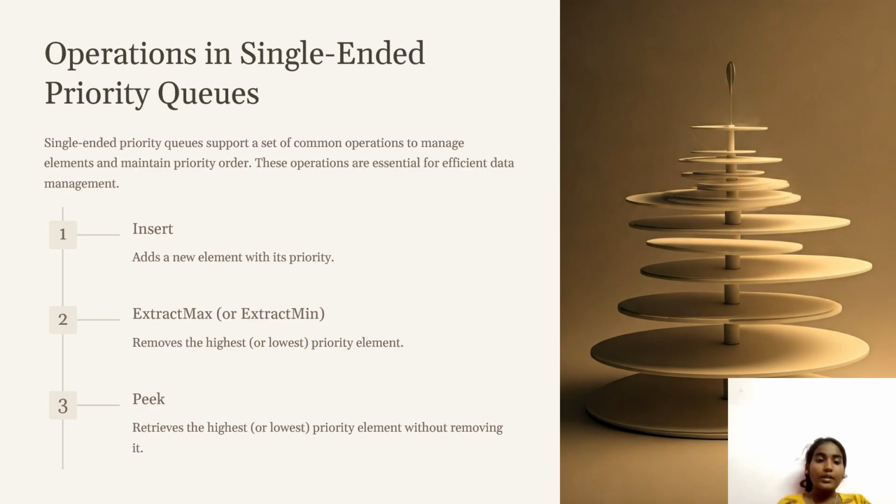Insert adds a new element with its priority. Extract max or extract min is used to remove the highest or lowest priority element. Peek retrieves the highest or lowest priority element without removing it.